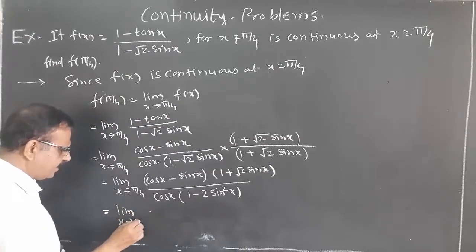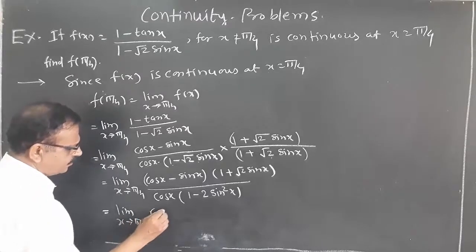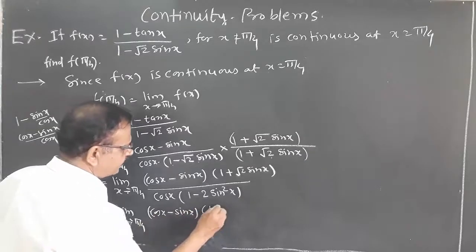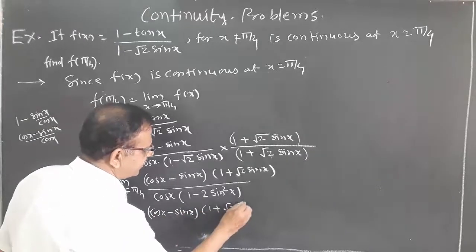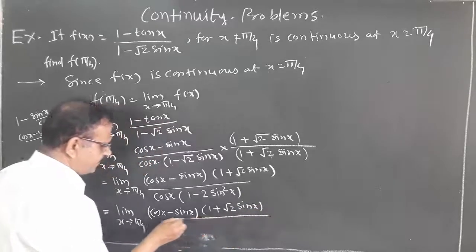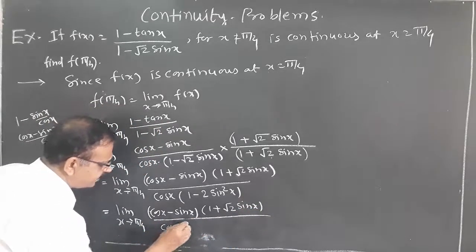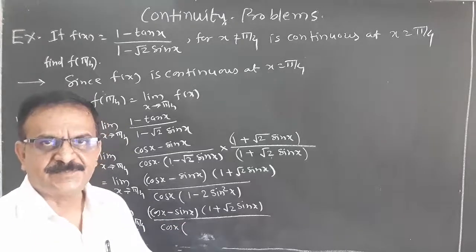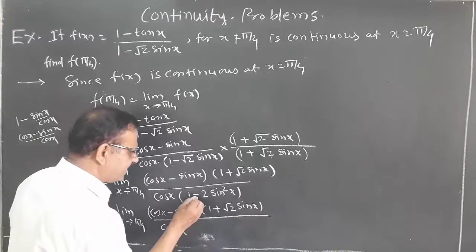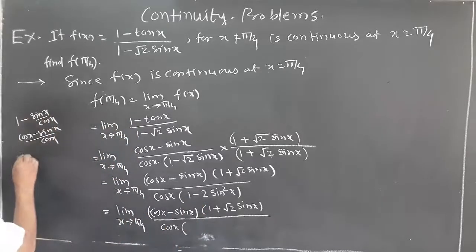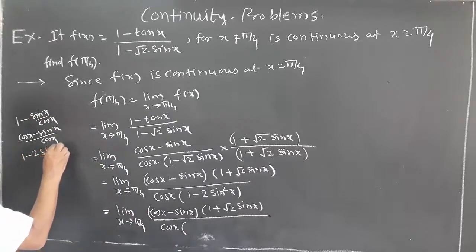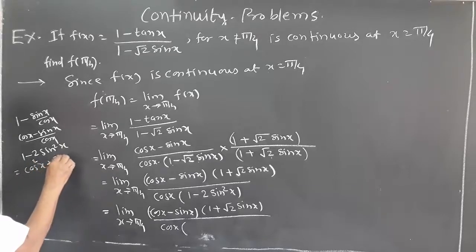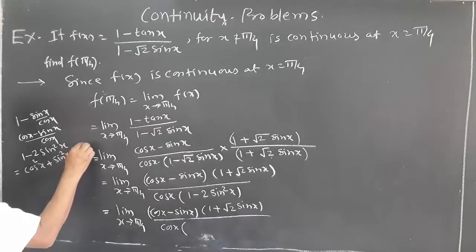Limit x tends to pi by 4 of cos x minus sin x into 1 plus root 2 sin x divided by cos x. And I know that 1 is nothing but cos square x plus sin square x. Therefore, 1 minus 2 sin square x can be written as cos square x plus sin square x minus 2 sin square x.